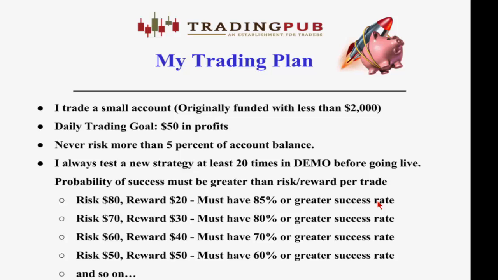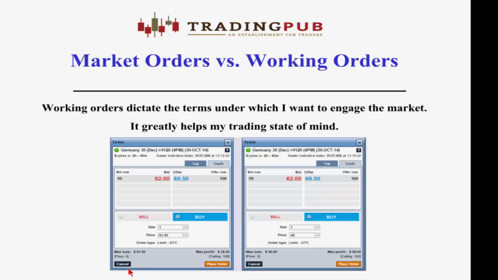If I tested it 20 times in demo, I need to know that this trade, under the right circumstances, has a super high probability of success. If I risk 70, I want an 80% or greater success rate. 60, I want a 70% or greater success rate. And if I risk 50 or less, I want a 60% or greater success rate, and so on.